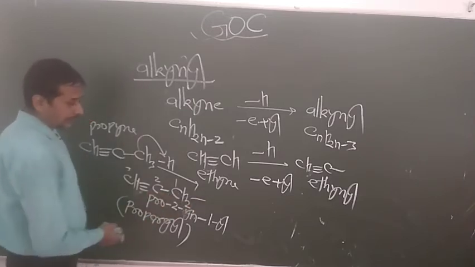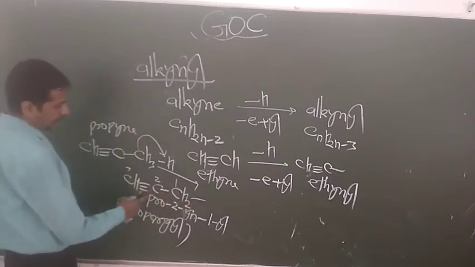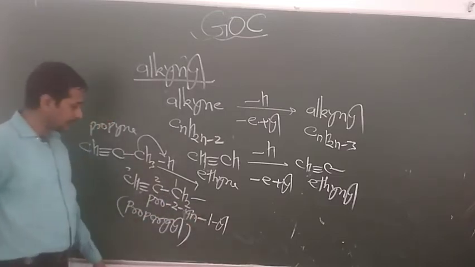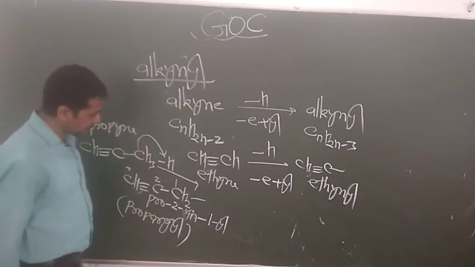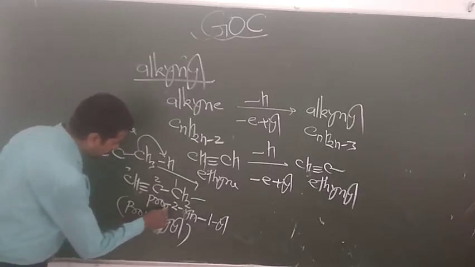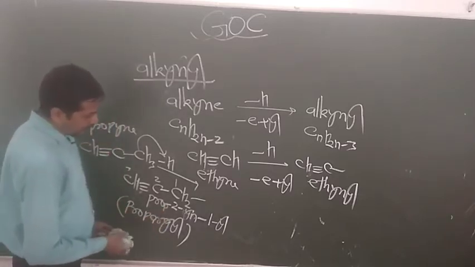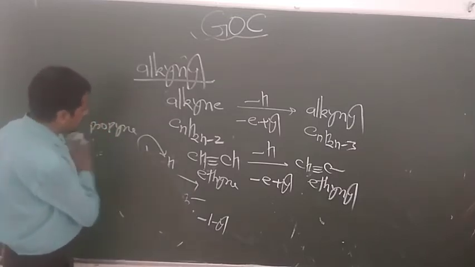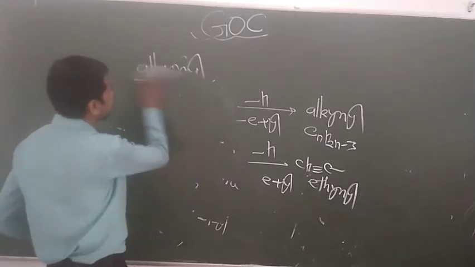So the carbons are numbered 1, 2 and 3. Now carbon 2 contains the yne, that is the triple bond, and carbon 1 contains the yl group. So that's why this is known as prop-2-yn-1-yl. So these are the groups of alkynes.